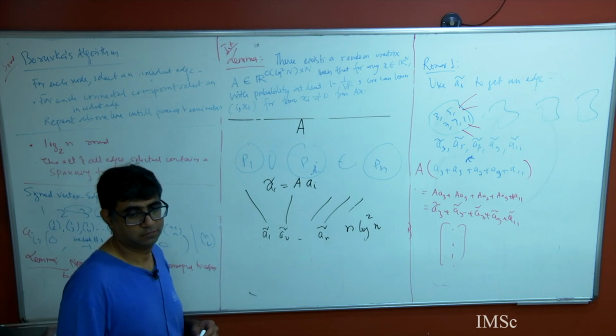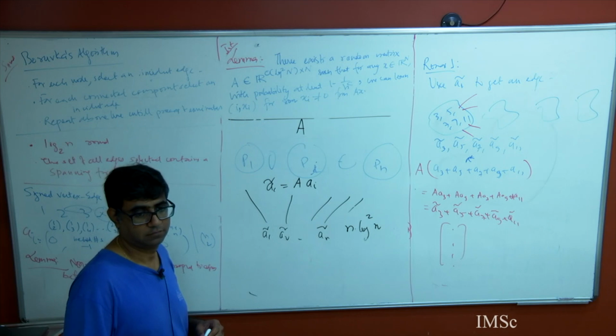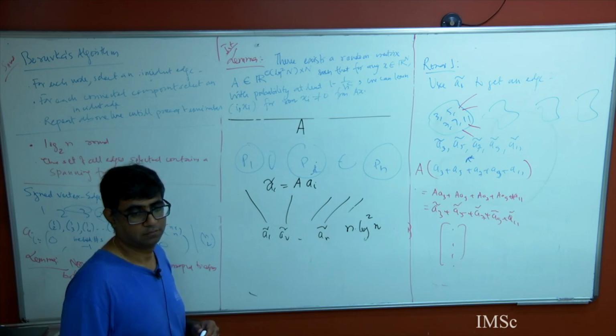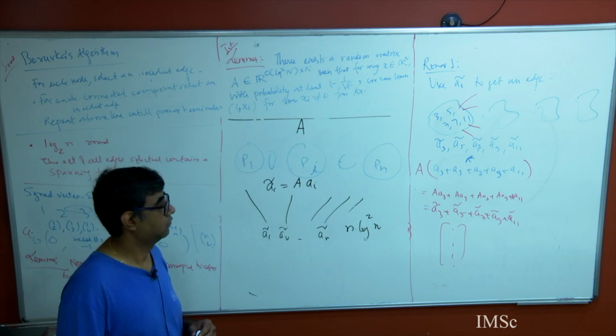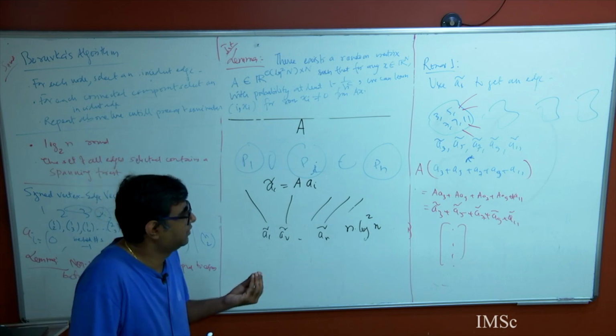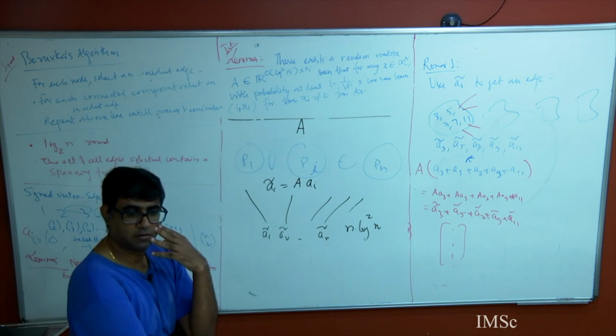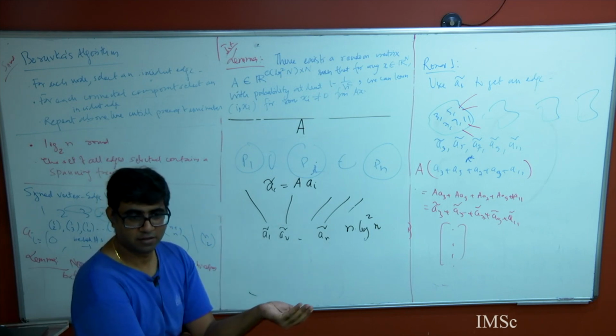When you fix A, it might give us different values of A3 to A11 in such a way that this happens. What is the adversary here?